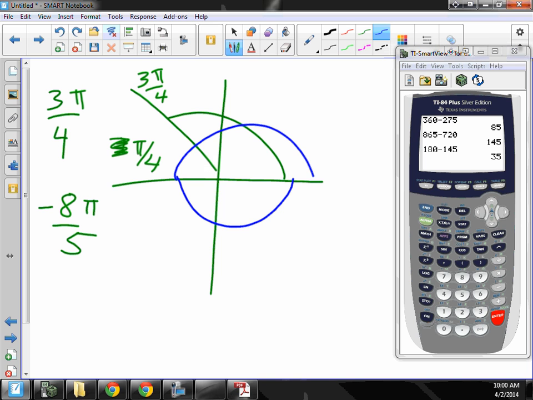How far to here? 10 over 5. So am I closer to negative 5 over 5 or negative 10 over 5? Closer to 10. So it would be quadrant 1. If that is negative 8 over 5, what's my reference angle? 2 over 5, because reference angles are always positive. So I need 2 more fifths to get back to the x-axis. Okay?